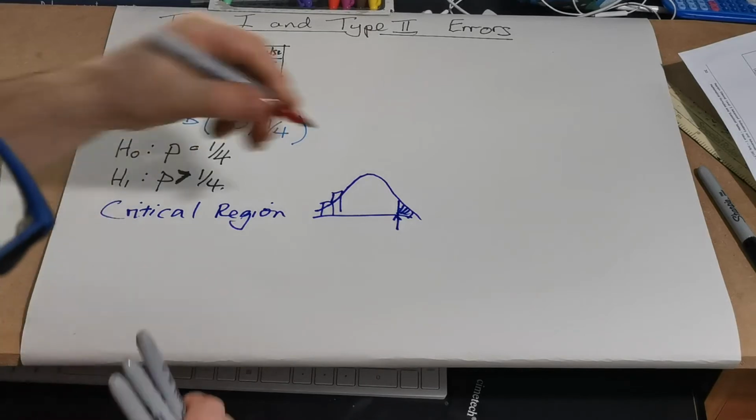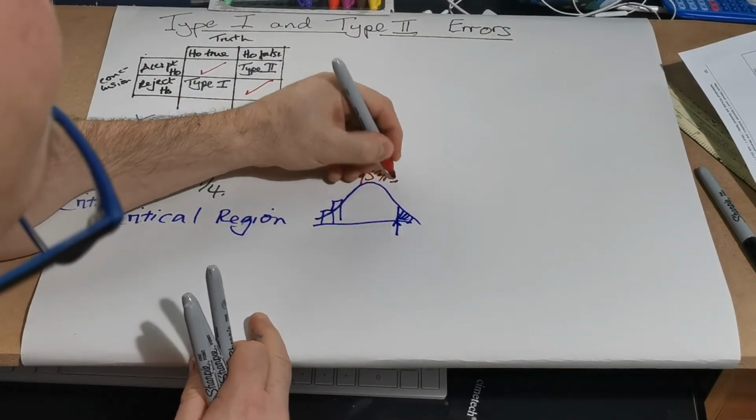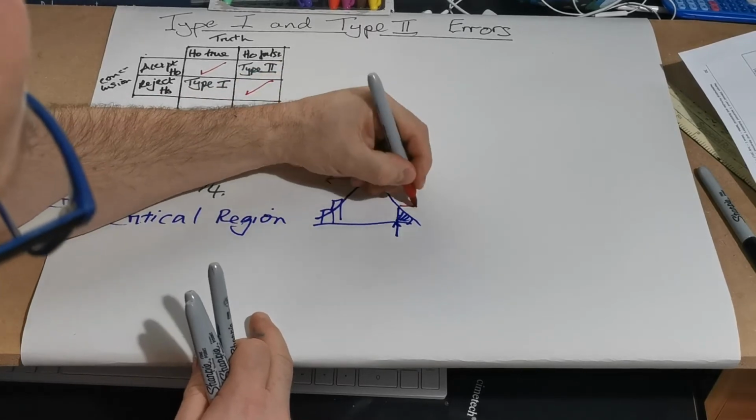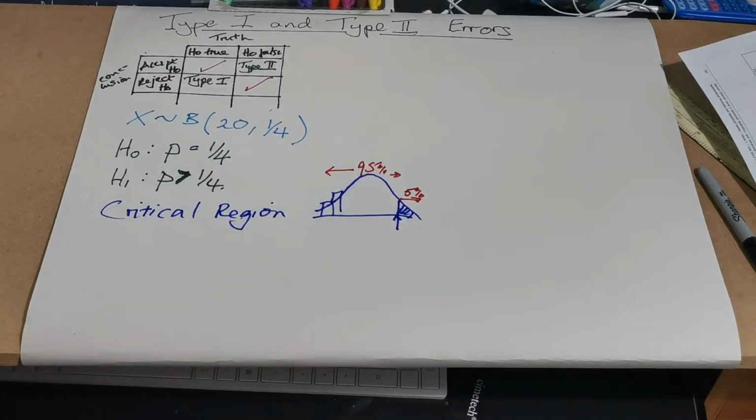This would have 95% likelihood here, and if we get in that critical region, 5% likely that it's going to happen, we think.